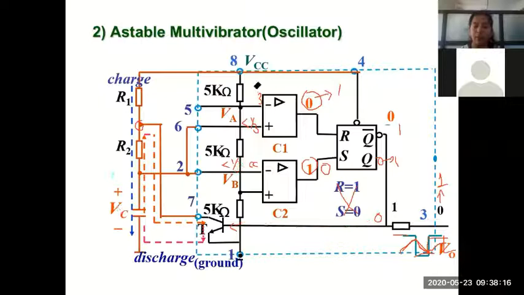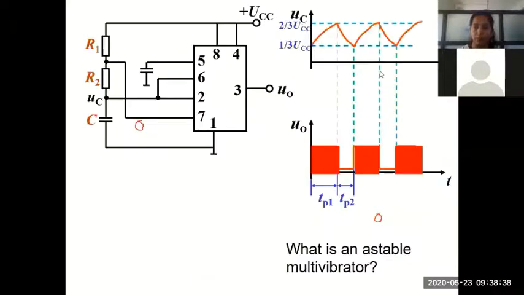So let's try to see the waveforms for this astable and the expression for the timing cycles. What are the various times? The duration where the output is high and output is low. Okay. So you can see here.